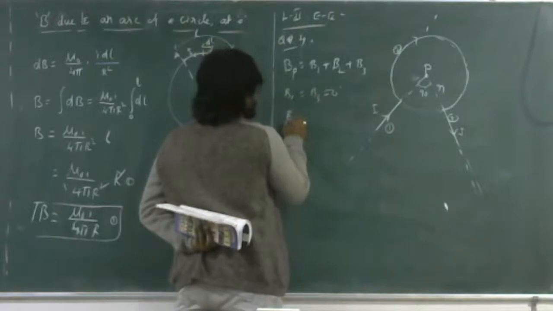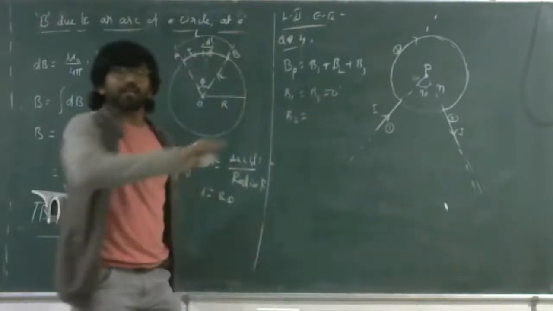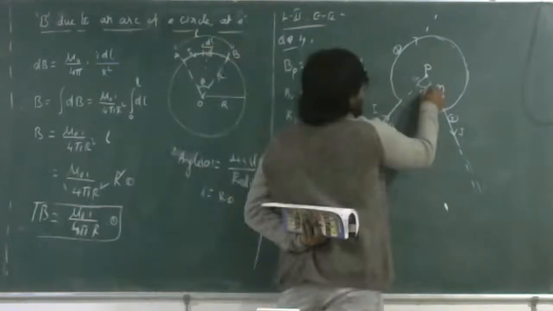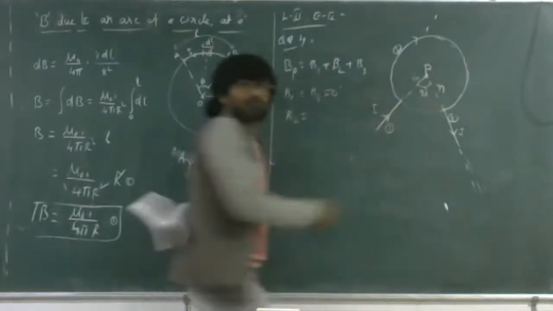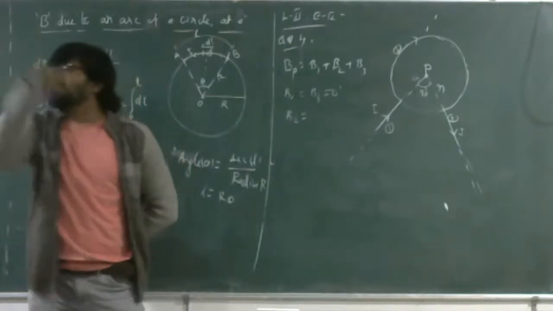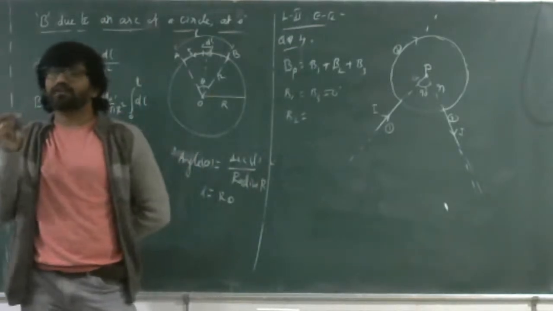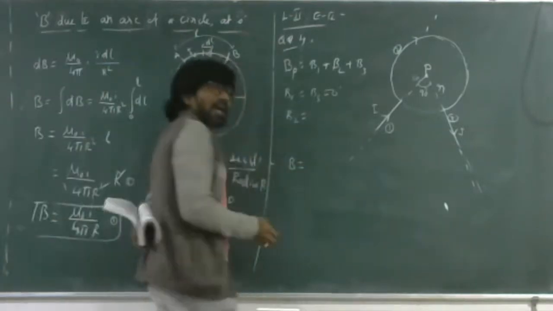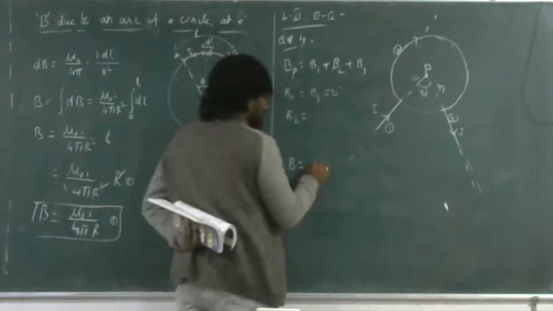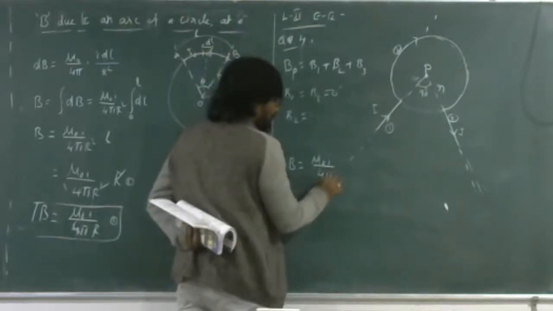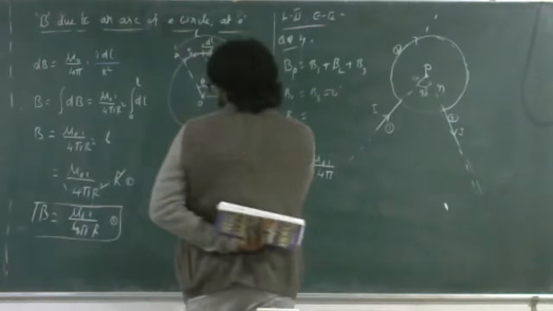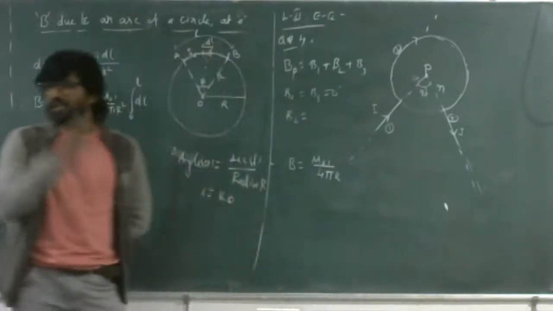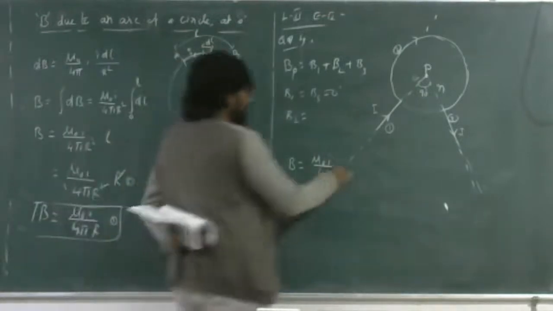And what about B2? It is a circular part. It is given that this angle is 90 degrees, but the magnetic field is due to the conductor, so we have to consider how much angle that conductor is subtending. In general, the magnetic field due to an arc of a circle is mu naught I by 4 pi r into theta.